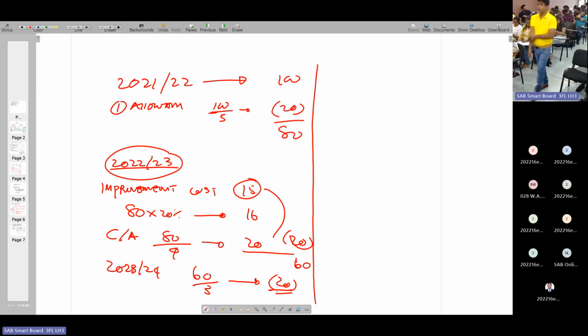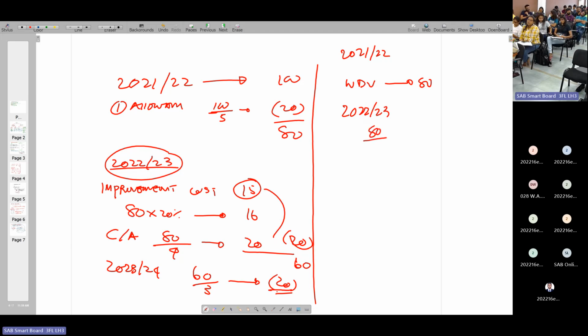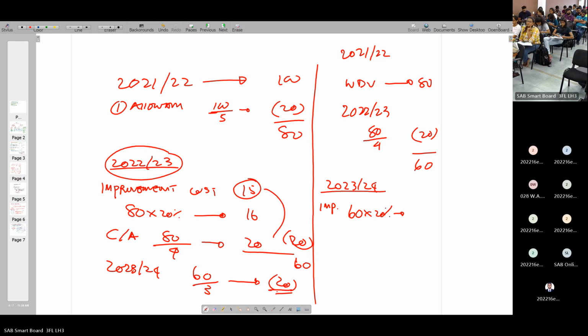If that improvement cost was incurred in 23-24, how much can you claim as improvement cost for the year 23-24? 60 into 20%, 12 million.